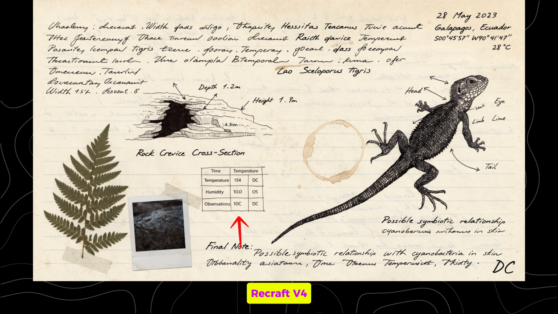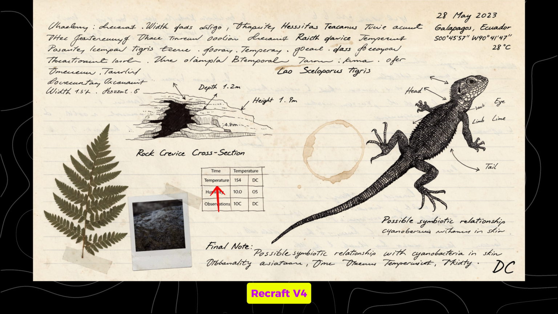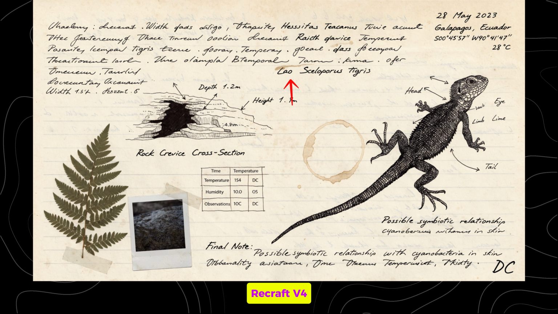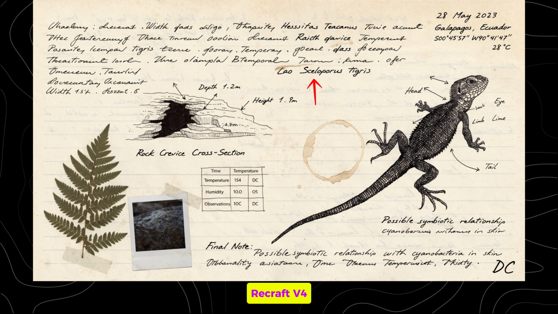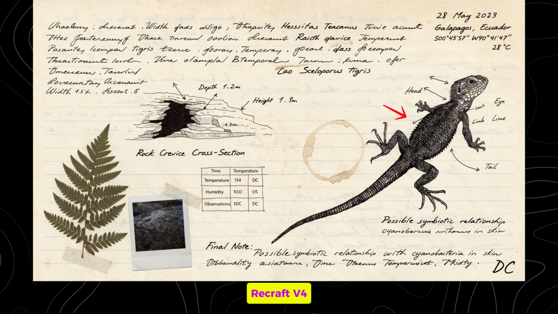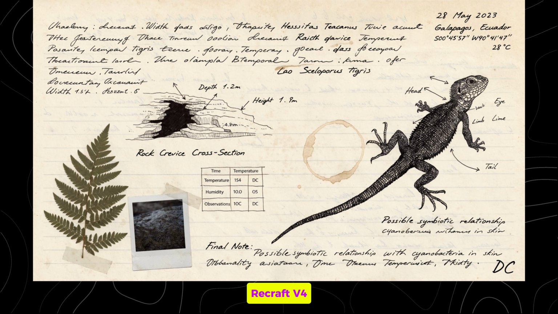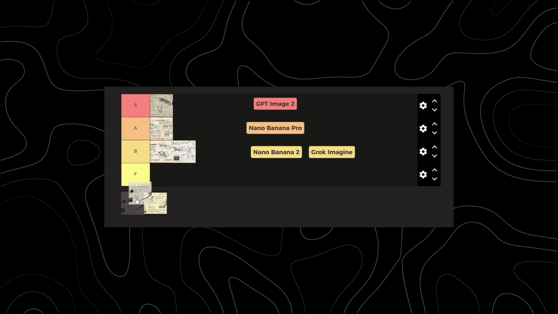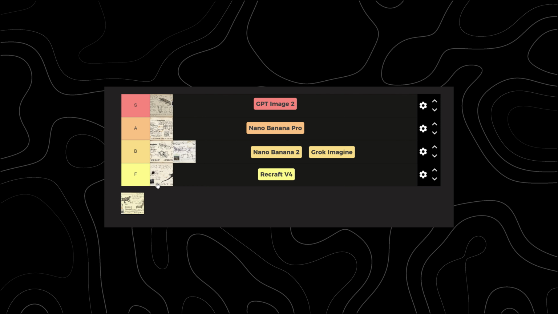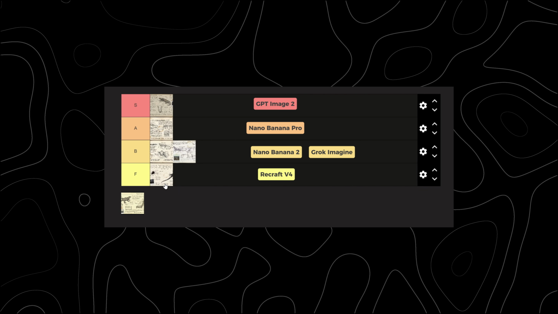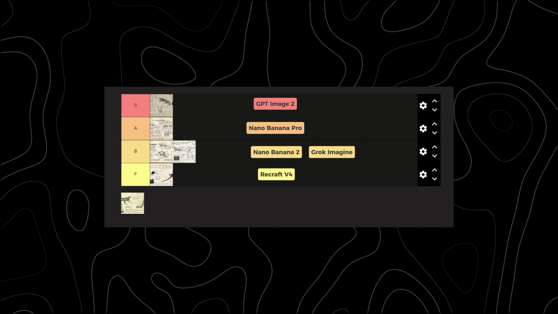The data table has nonsensical values: temperature 154 DC, humidity 10.005, and the species label Lauceliporus tigris is scientifically wrong for a Galapagos lava lizard entry. Heavy text failure can be seen here. This goes straight into F tier. The illustrations are actually quite good, strong art, but nearly all text is unreadable and garbage. Even it's labeled the wrong species entirely.